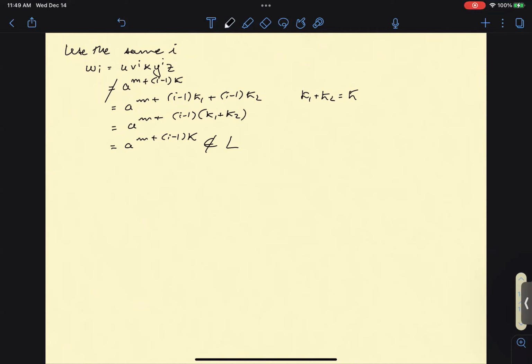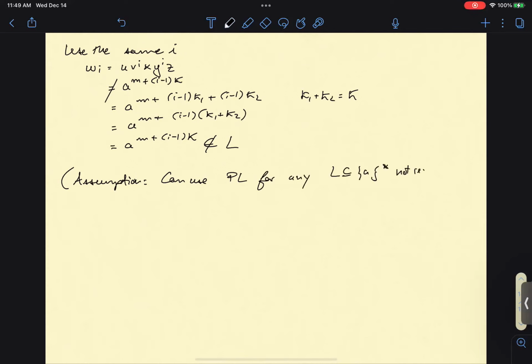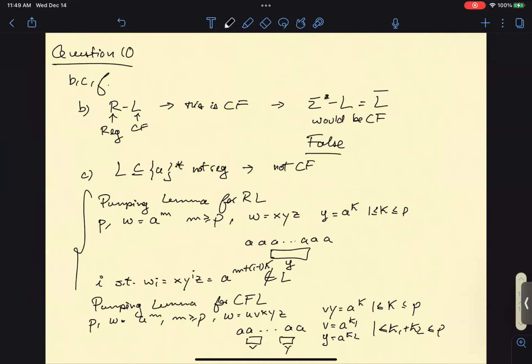There's just an assumption here that I can use the pumping lemma for any language over A star. So the result doesn't really matter. I just wanted to review the pumping lemma for regular languages and context-free languages.